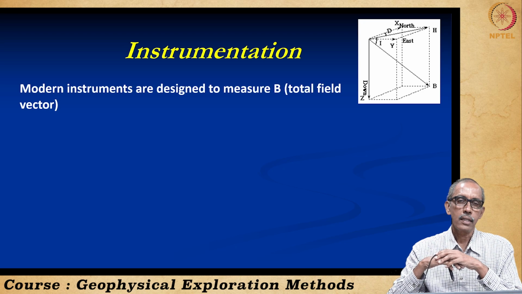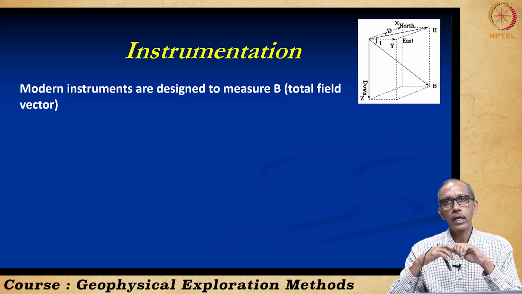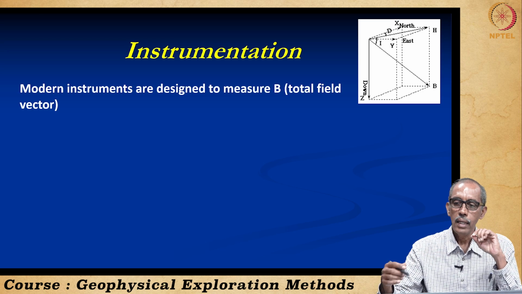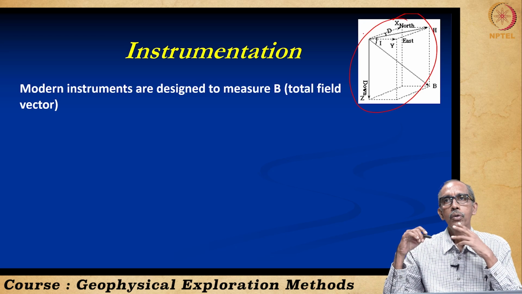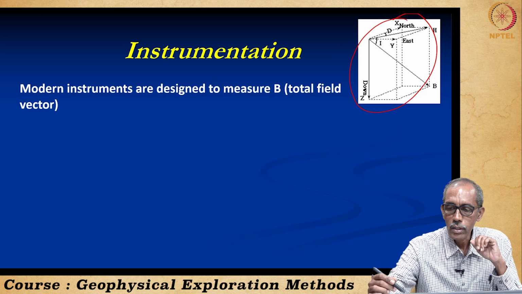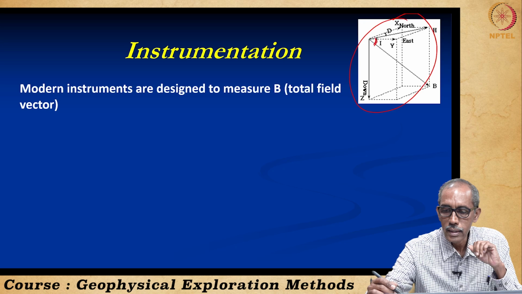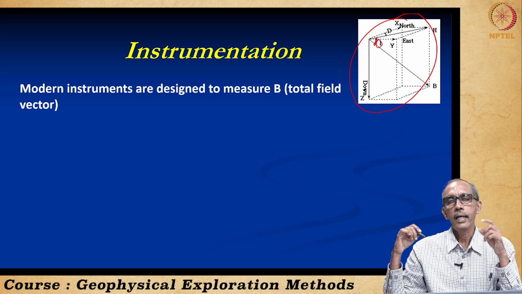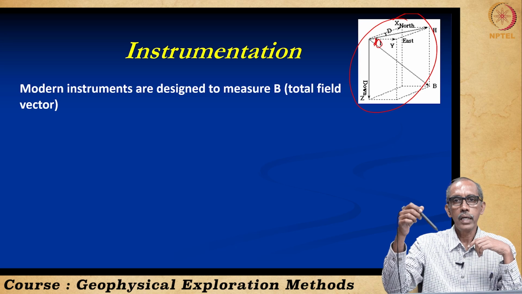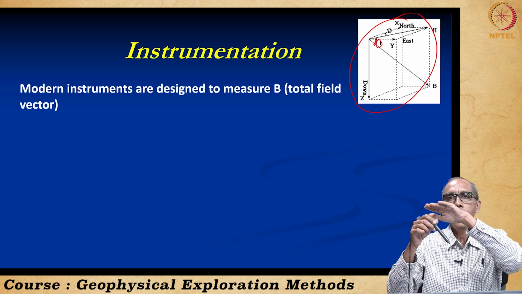Now, let us come to the instruments that we are going to make use of. We had already seen there are 5 components of magnetic field. 2 are angles. One is known as inclination, that is referred by the letter I, which is the angle that the magnetic needle points from the horizontal plane.